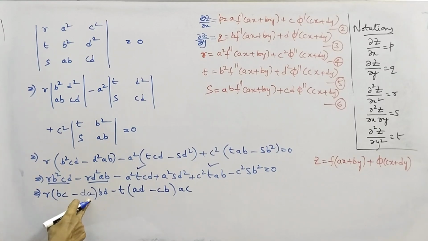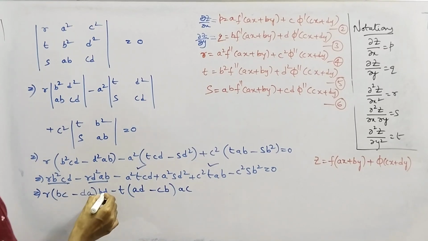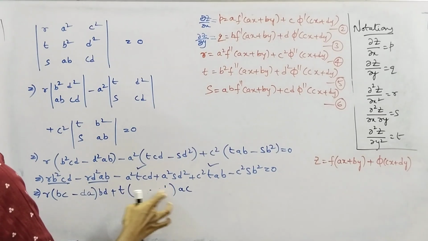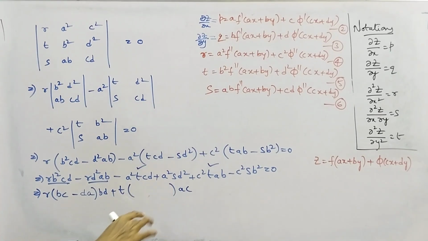So here you have bc minus ad, right? So here also we can write bc minus ad. I'm trying to write in the same pattern, okay? Don't get confused.